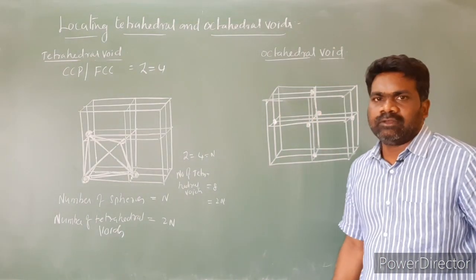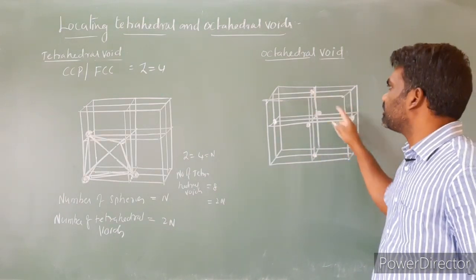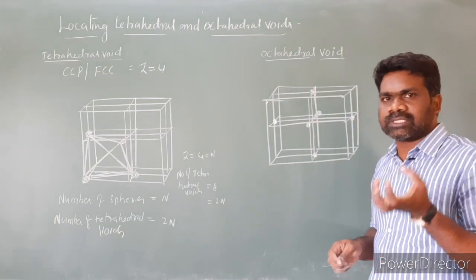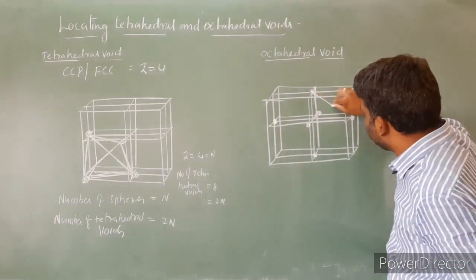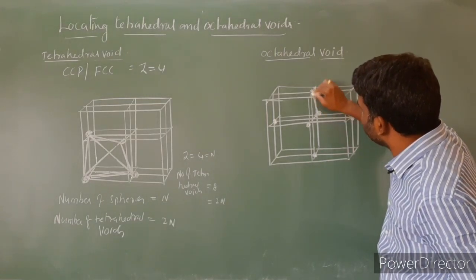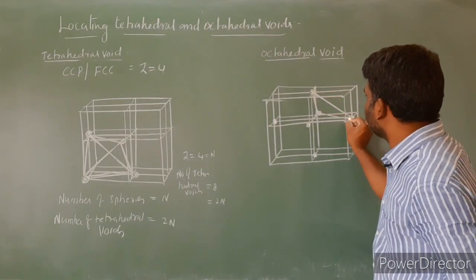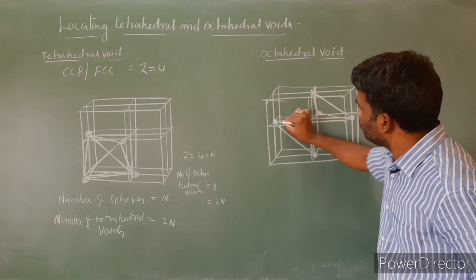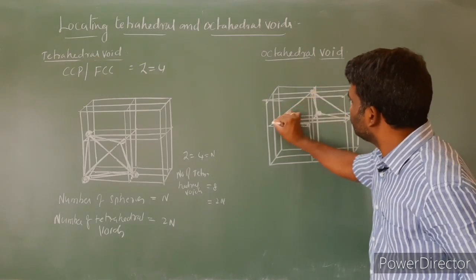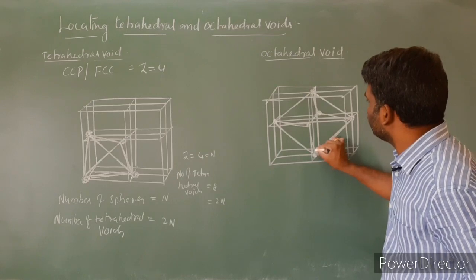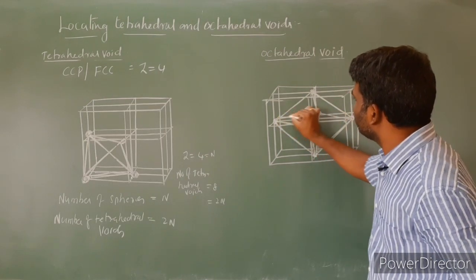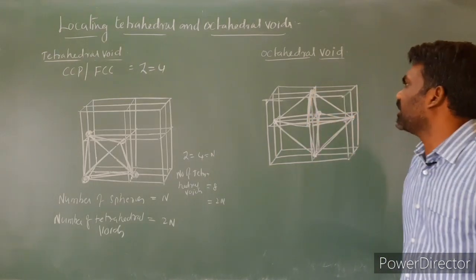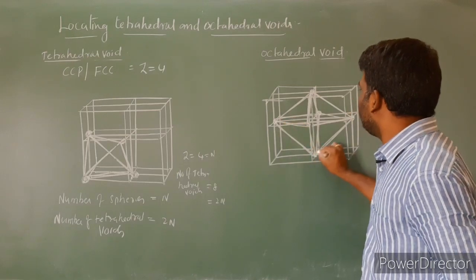We have to join the centers of each sphere present at the face centers. So I am joining the centers of the face center atoms. Look at this, there is a formation of an octahedron.